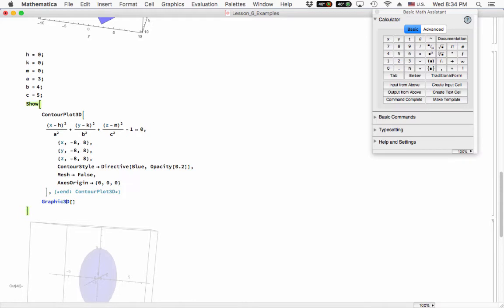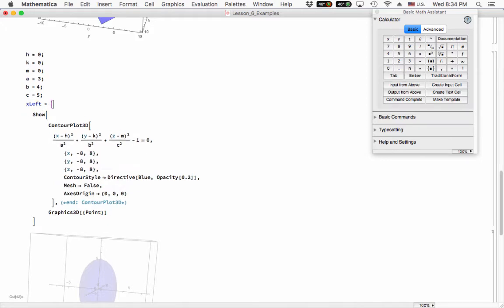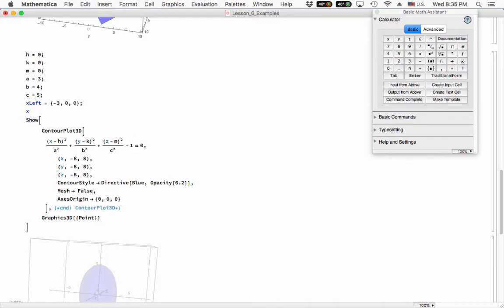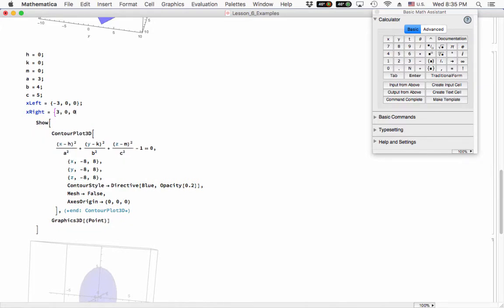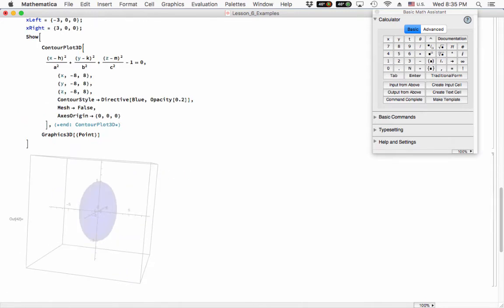So I'm going to do a graphics 3D command, and then in this case I'm going to do a point, and the point that I'm going to want, well, we've just said that the x intercept, so we'll say x left is going to be equal to -3, 0, 0. So that's the left x-intercept. And the right x-intercept, reading right to left, would be 3, 0, 0. Oops, I broke my cardinal rule again. Every time I open a brace, immediately close the brace so that I have no issues with braces.